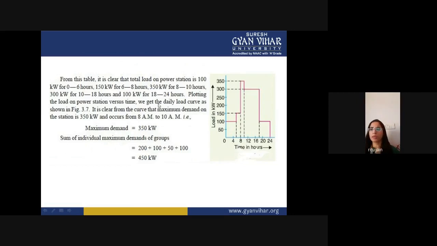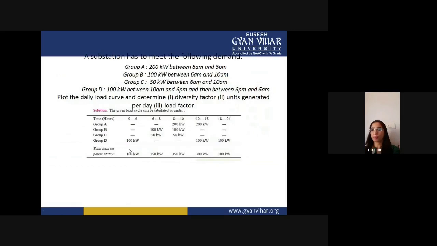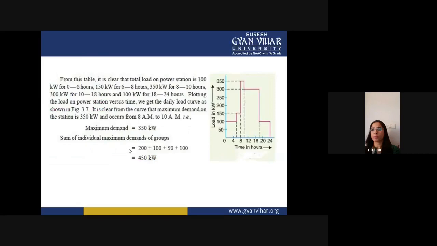So we can get the daily load curve as shown in the figure, and it is clear from the curve that maximum demand on the station is 350 kilowatt. Okay. So maximum demand is your 350 kilowatt, and sum of the individual maximum demand of the group is 200 plus 100 plus 50 plus 100, which is equal to 450 kilowatt.